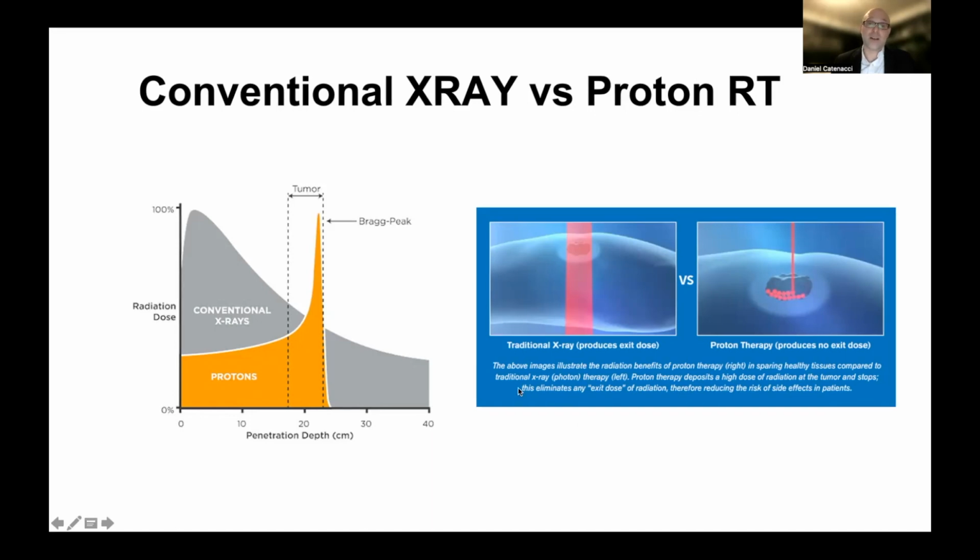In contrast, protons come through to some degree, affecting the tissue beforehand, but then peak as desired right where the tumor is, and then fall off and do not exit out the back part of the patient. And so the exposures are different. Theoretically, proton beam therapy may be more targeted and cause fewer side effects.